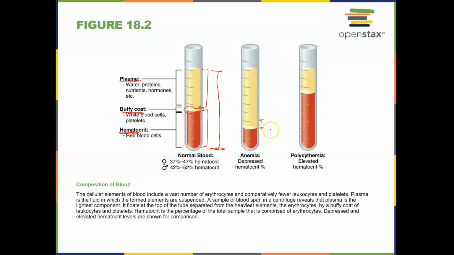Somebody with anemia has a decreased or depressed percentage of red blood cells. So you have the same column here, right? But the red blood cell component is much lower than in the regular normal blood. In polycythemia, you have the opposite, where you have most of the blood taken up by red blood cells. This isn't good because in polycythemia, red blood cells tend to be sticky and they can cause blood clots. So that's not a good thing, polycythemia.